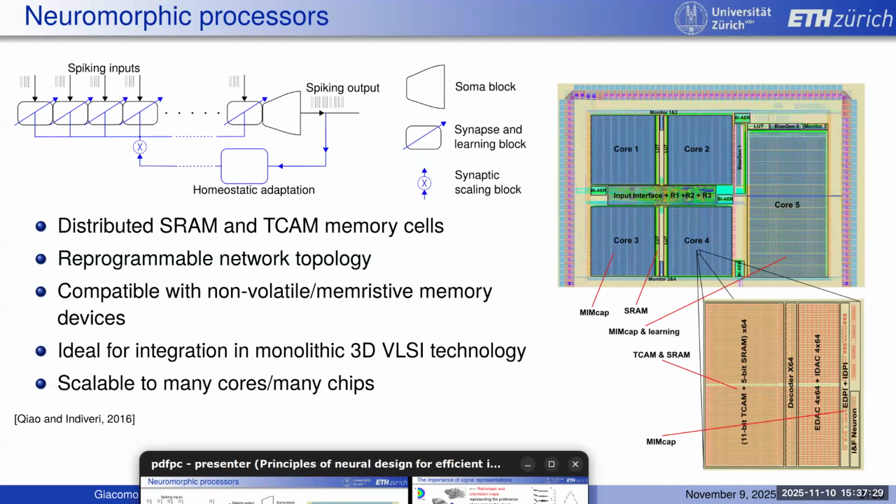They're maybe less than 20% of the area. The rest of the area is occupied by memory. These addresses that I told you about, if you program them, allow you to connect neurons among each other. And so most of the area here is dominated by the digital memory that is needed to connect synapses and neurons together.